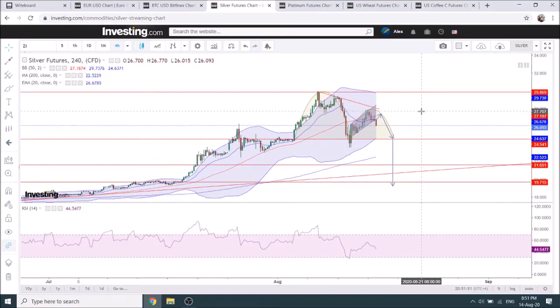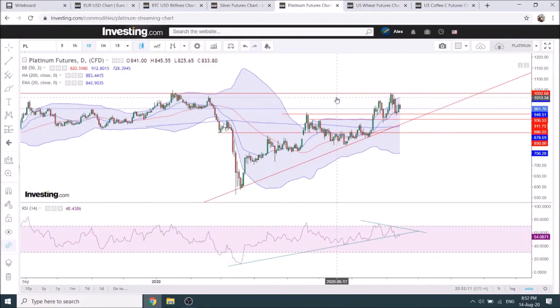Of course, for day trading and shorter term trading, it's perfectly fine, but for positional and swing trades, I believe the short position is a little bit risky. We could definitely bounce back to above 27 from here. That would make that position very uncomfortable, so I'd rather wait on the sideline on this.